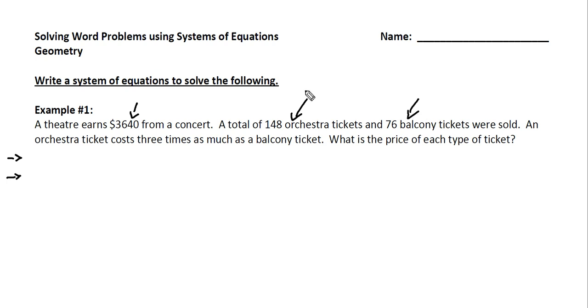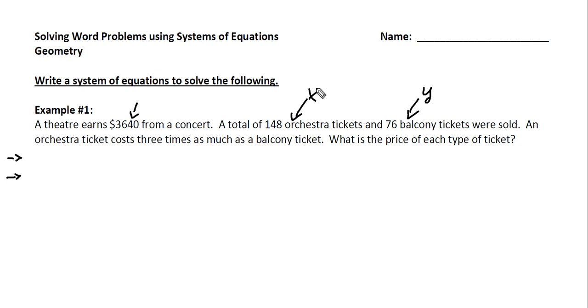So just for simplicity's sake in this first one, because I don't want to use O as a variable, I'm going to use X and Y here. So orchestra tickets are going to be X, and balcony tickets are going to be Y. So we have 148 orchestra tickets plus 76 balcony tickets, and that would give us a sum of $3,640.